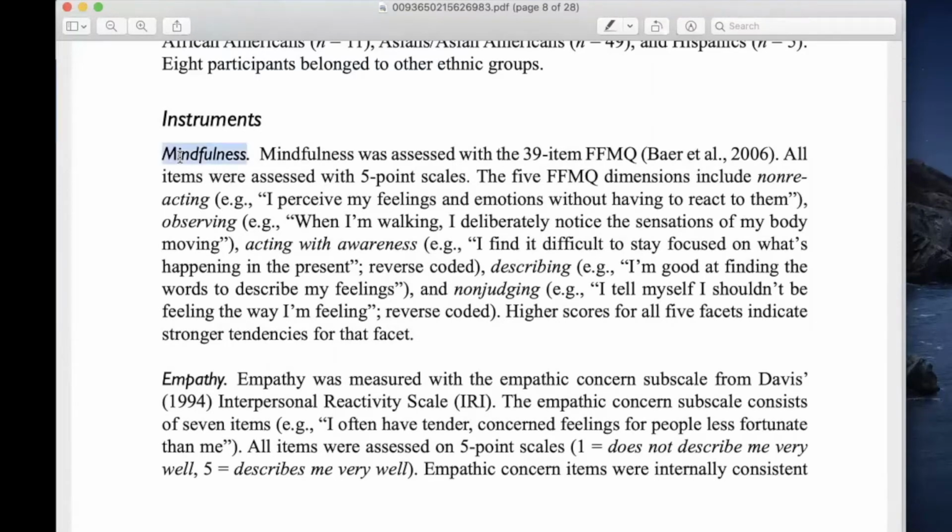So you'll see that each variable, here it's mindfulness, empathy, it could be depression, anxiety, well-being, commuting behavior, etc., is described using a very specific procedure, and there's a bit of a formula to this, where you essentially say where you got the measure from, what it looks like, how it was scored, how it's interpreted, and whether it met the criteria for internal consistency. So that's that Cronbach's alpha.